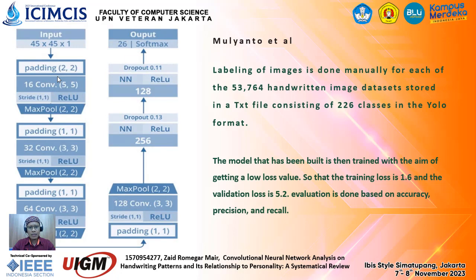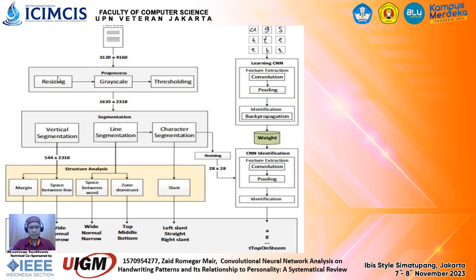The model that has been built is then trained with the aim of getting a low loss value, so that the training loss is 1.6 and the validation loss is 5.2. Evaluation is done based on accuracy, precision, and recall.